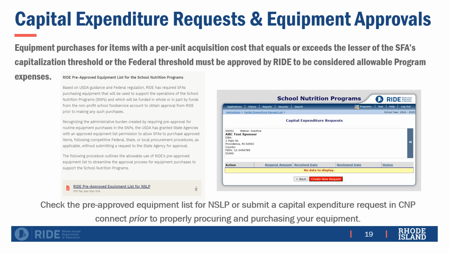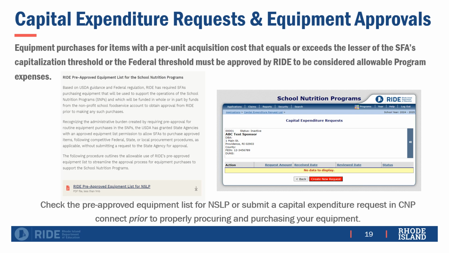As of the date of this training, the current federal capitalization threshold for equipment is $5,000. However, effective October 1st, 2024, the federal definition of equipment is being updated to a per unit acquisition cost of $10,000.